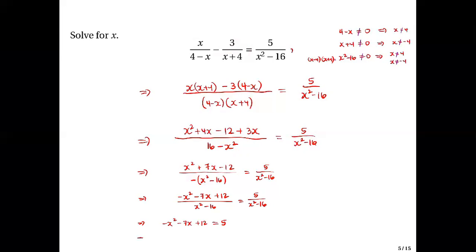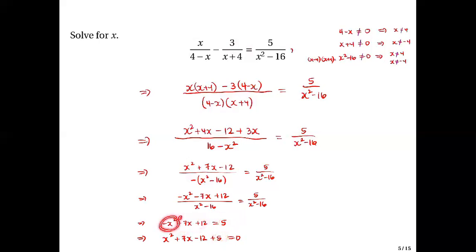And then let's just write this in standard form. We will have x squared plus 7x minus 12 plus 5 equals 0. So what happened here? These three guys, I put it on the other side. So you will have this 5.